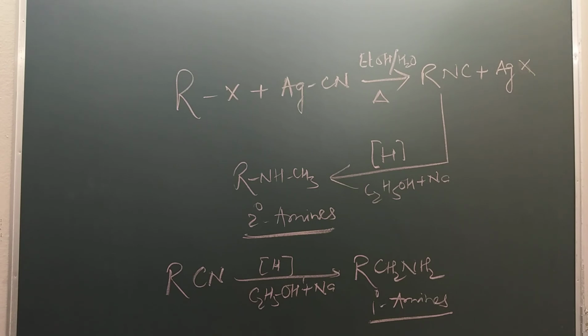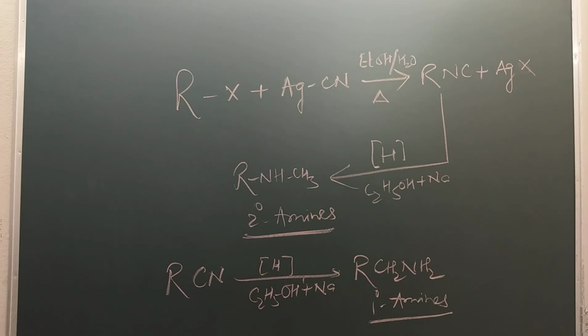Now, when alkyl halide is treated with silver cyanide in ethanolic solution, we get alkyl isocyanide, also called carbylamine, RNC, and silver halide. The reduction of alkyl isocyanide gives secondary amines.